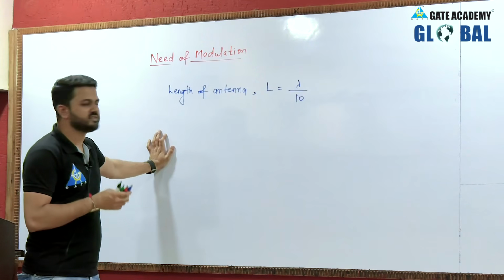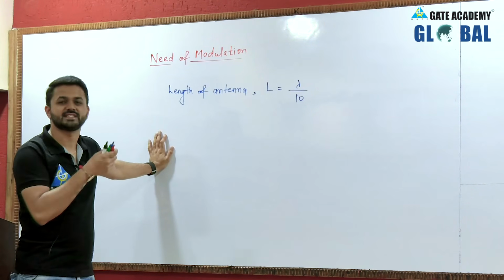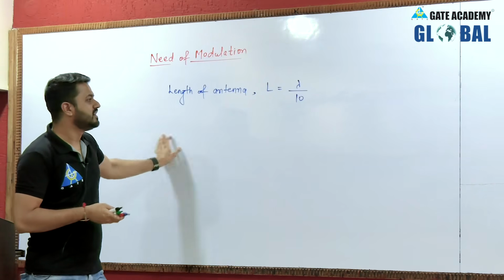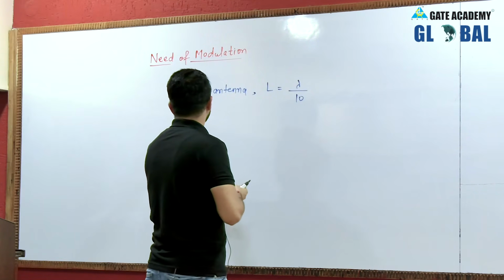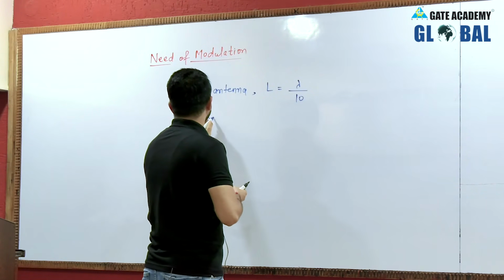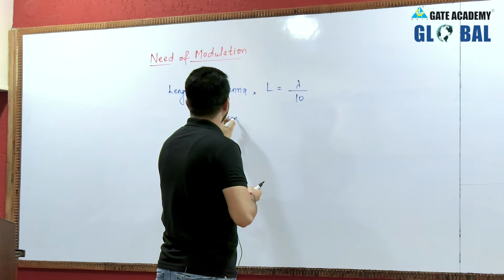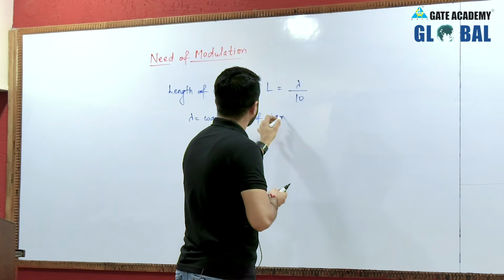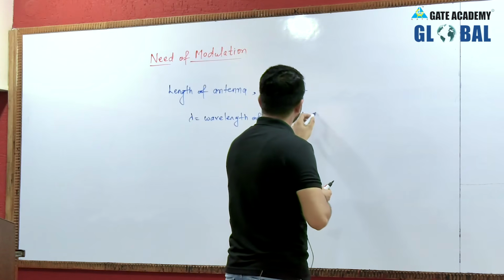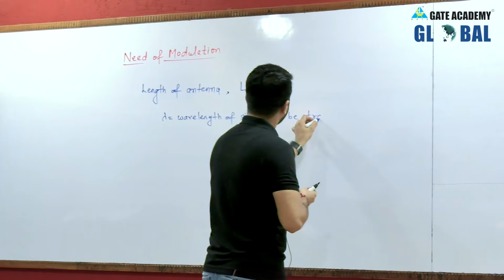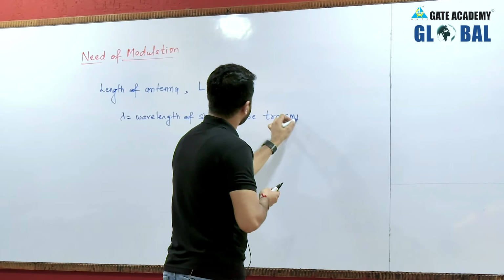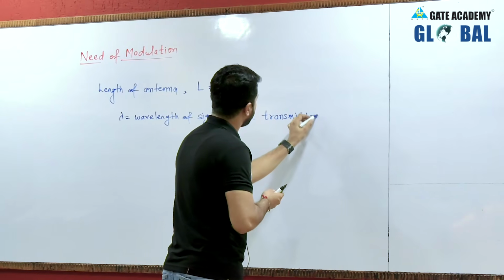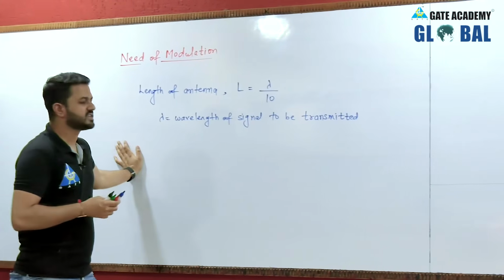This is one kind of antenna which is having length lambda by 10, where lambda is the wavelength of the signal to be transmitted.